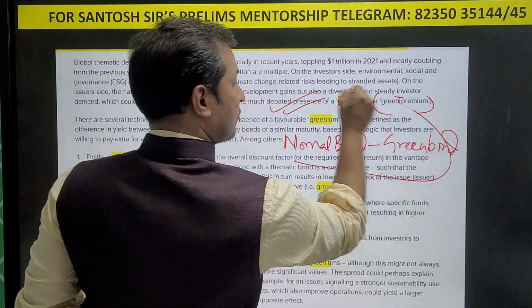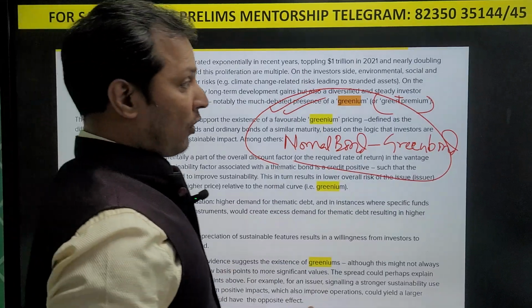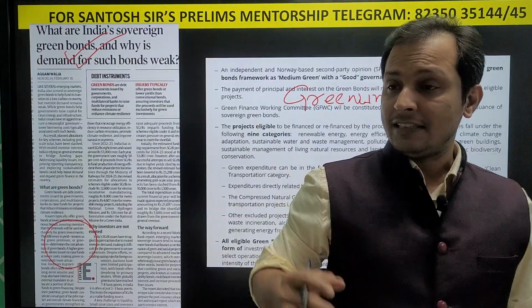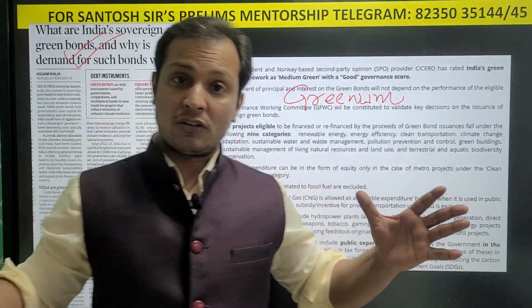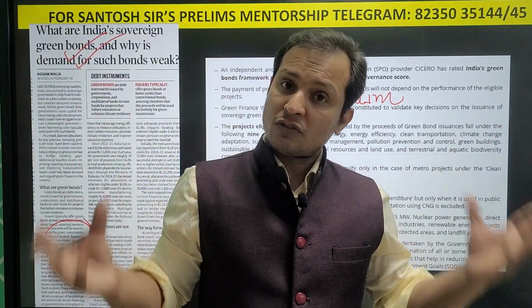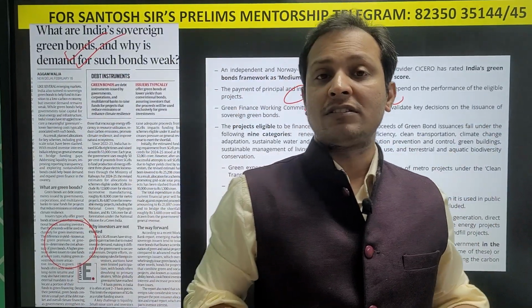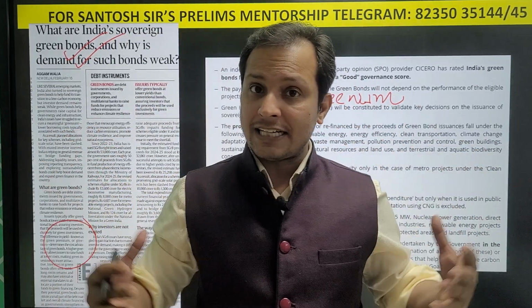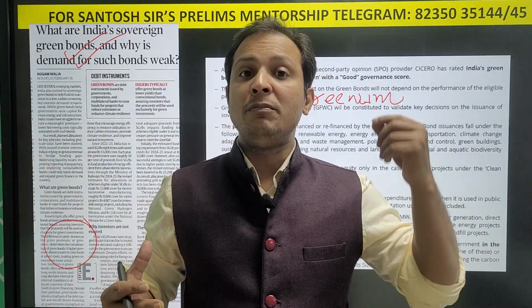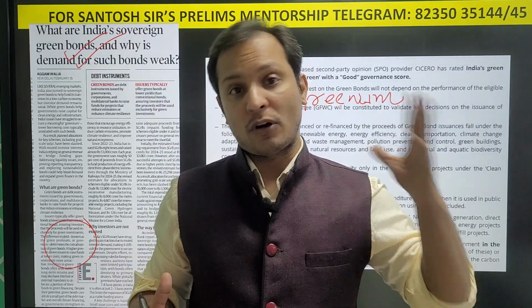So for that we have to understand what green bonds are. You know that in the last 2 years the government of India is promoting sovereign green bonds. So what are sovereign green bonds? Sovereign green bonds are bonds issued by the government of India, and the money collected through them will be used for sustainable projects.